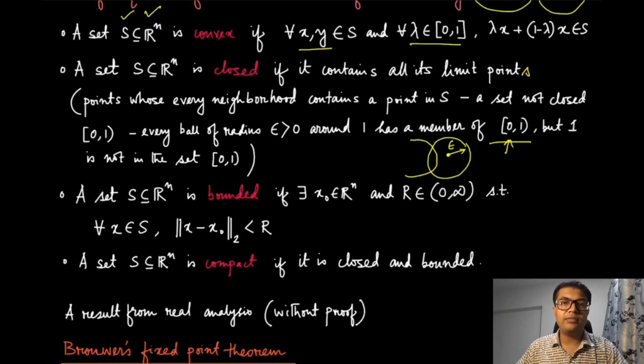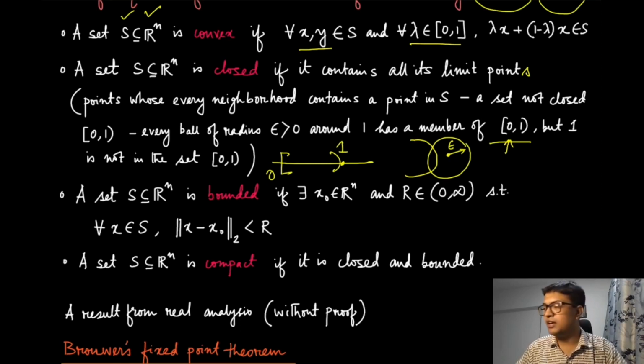Now we claim that 1 is a limit point to this set, because if you have this real line where it is closed at 0 but open at 1, that means if you are sitting at 1 and you draw an arbitrarily small circle like this, then every such circle will have some point which is living in this 0, 1 open interval. Think about it, and you'll see this.